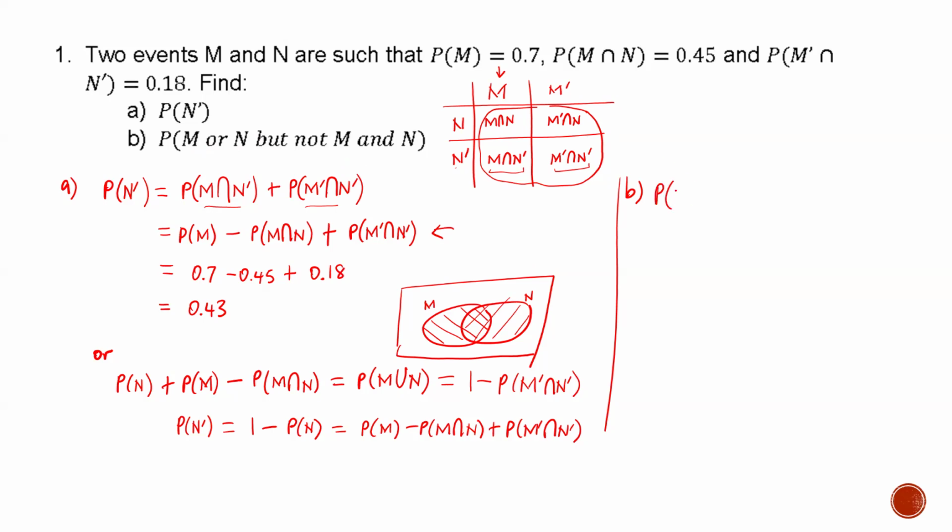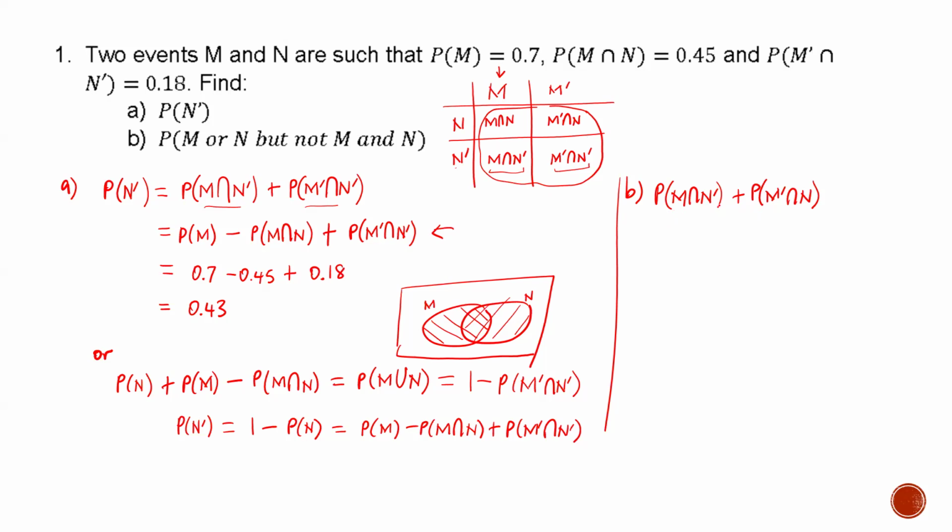And you realize that they want us to have, when M happens, it happens without N, and if N happens without M. So this is actually what the question wants from us. M or N, but not M and N.